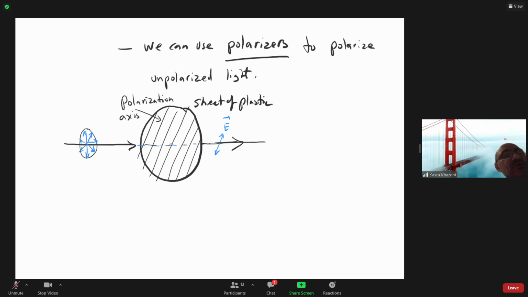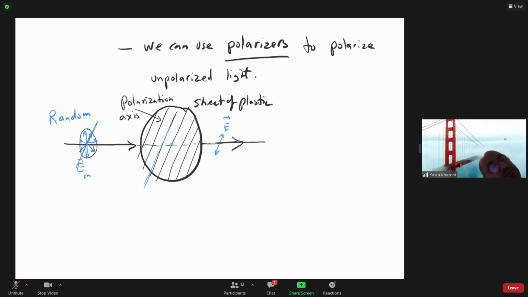Any other direction will not go through. So only that portion of the incoming electric field that is exactly in the same direction as the direction of polarization of the polarizer would go through.